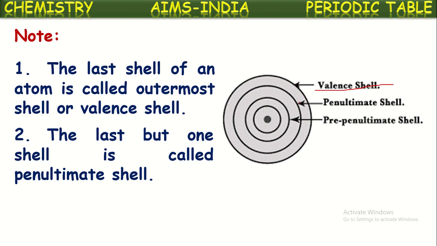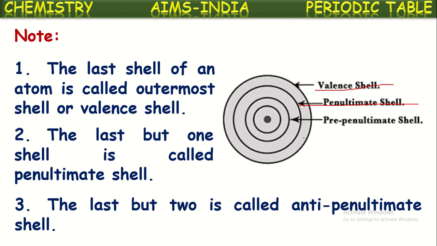And the last but one shell is called the penultimate shell. And the last but two from the outside, the third shell, is called the pre-penultimate or anti-penultimate shell.